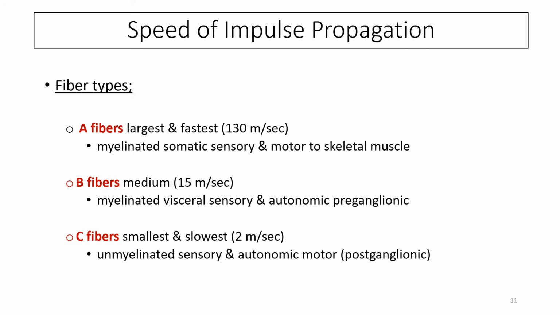In between these two are the B fibers, so they will be the medium speed. They're myelinated as well. Visceral sensory, also involved with the autonomics. So a lot slower than A fibers, quicker than the C fiber though. Again, it highlights axon diameter. The larger the axon diameter, the faster the impulse is carried. Myelinated is faster than unmyelinated.